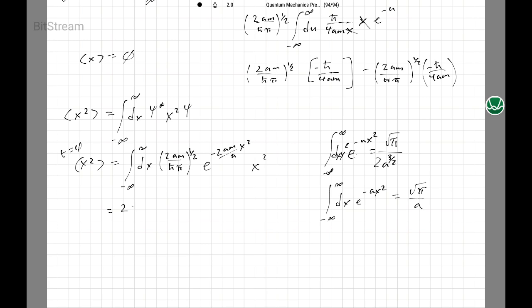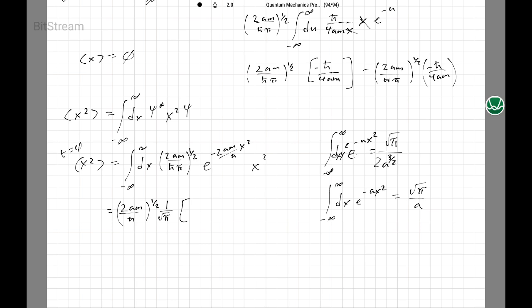Is we get 2am over h bar to the 1/2, and I'm just going to throw this guy out there. So I'm just throwing this guy outside of that purely for convenience later on.